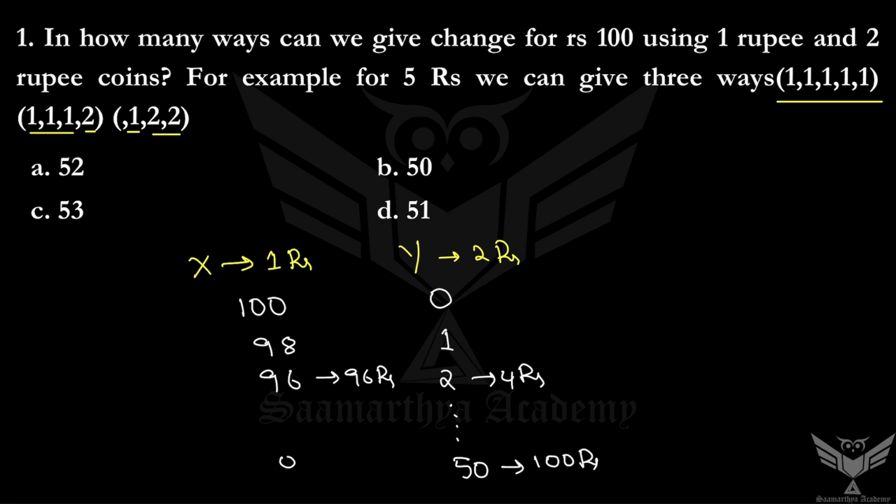Then here it will be 0. Now clearly how many such arrangements are we getting? From 0 to 50 we are getting 51. So how many different ways can we give that? It is 51. So simple it is.